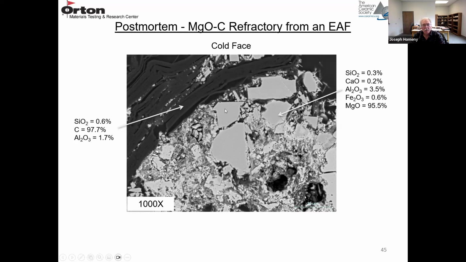These are the finer MgO grains. They're about 96% MgO. There's silica, lime, alumina, and iron oxide present.